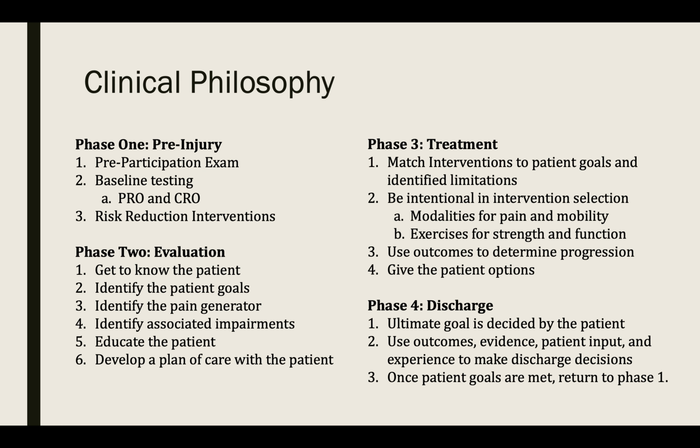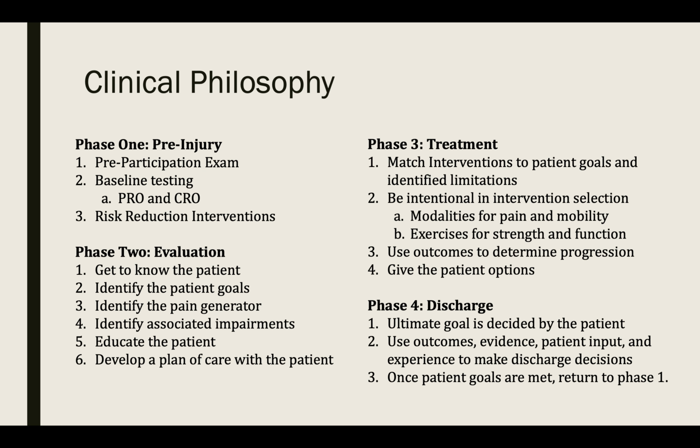Phase three is the treatment. What we want to do is take those identified pain generators or those identified impairments, and we want to specifically and intentionally choose interventions that are going to affect those. All right, so being specific, being intentional in what we're choosing, whether that's modalities to treat things for their pain or improve mobility, or therapeutic exercises to improve strength and function.